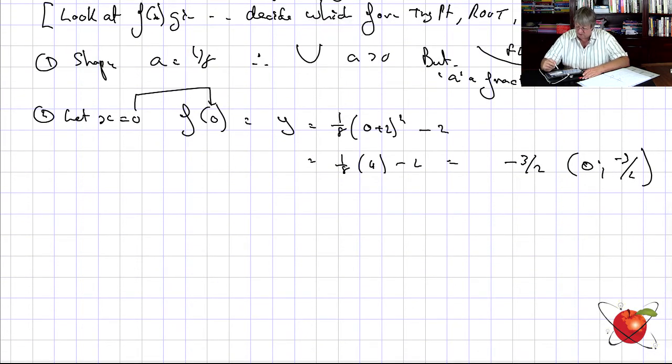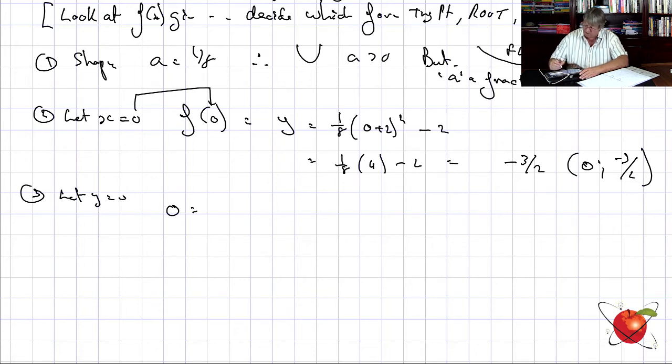0, minus 3/2. We write them down so that we don't make a mistake later, which is very common to do. So step 3, let y equal 0. Therefore, 0 is equal to 1/8 of (x plus 2) all squared minus 2. Take the 2 to the other side, multiply by 8. You get (x plus 2) all squared is equal to 16.